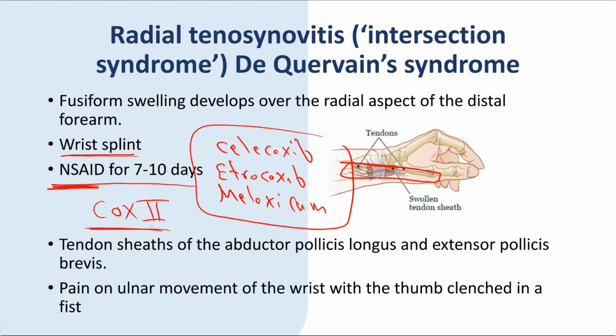They are less likely to be associated with GI upset and GI bleeding and have more powerful anti-inflammatory effects compared to the COX-1 non-steroidal anti-inflammatory drugs, for example diclofenac.